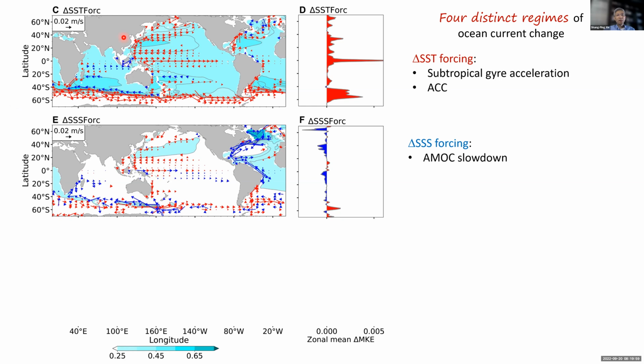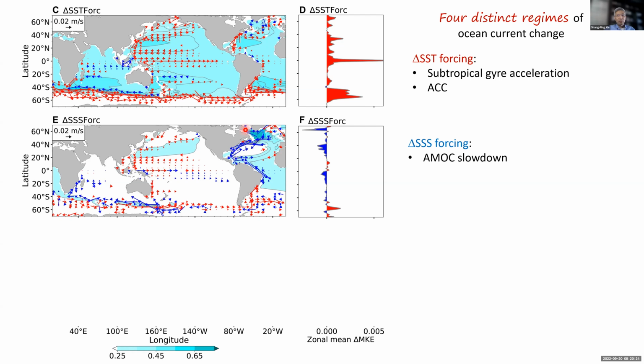So in response to sea surface warming, the delta sea surface temperature forcing, we see the arrows are mostly red, indicating a global acceleration of the ocean surface current, including the ACC and the subtropical gyres of the Pacific and the Southern Hemisphere basins.